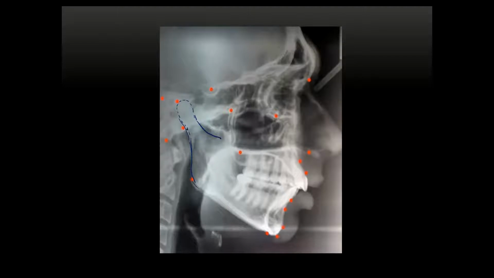This is why we draw it on an illusion board. This is the highest point on the condyle basically. Here is the inferior auditory meatus, and the top of this is porion. The top of this condyle is condylion. This is what happens whenever you draw on a lateral cephalogram.